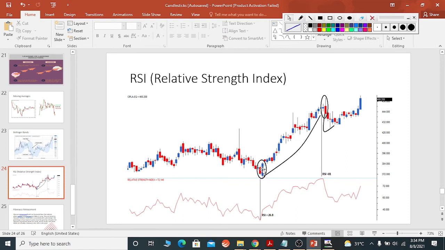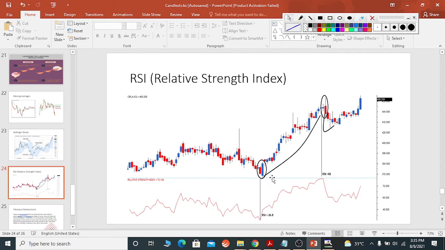I think the photo which I took over here is not of India, maybe of some stock from another country where they are using blue. But you can say it's green only. The blue is representing the price going up, and basically the closing price will be higher than the opening price. So it's green only over here.